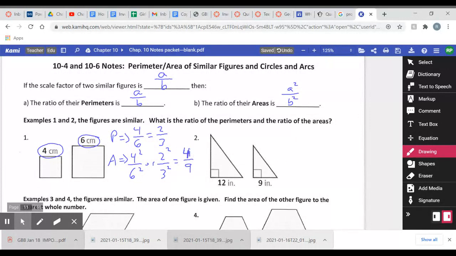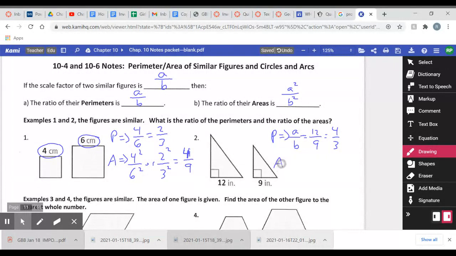Okay. The same type thing on number 2 for the perimeters. Again, the ratio of it helps you to refer to it as a over b. That's fine. But we've got 12 over 9. And again, that can reduce down since 3 divides evenly into both. We reduce that down to 4 over 3.